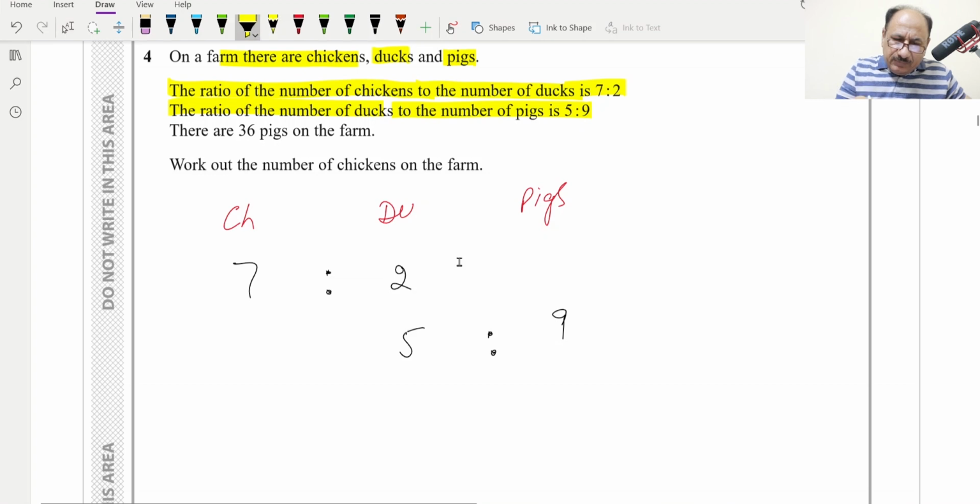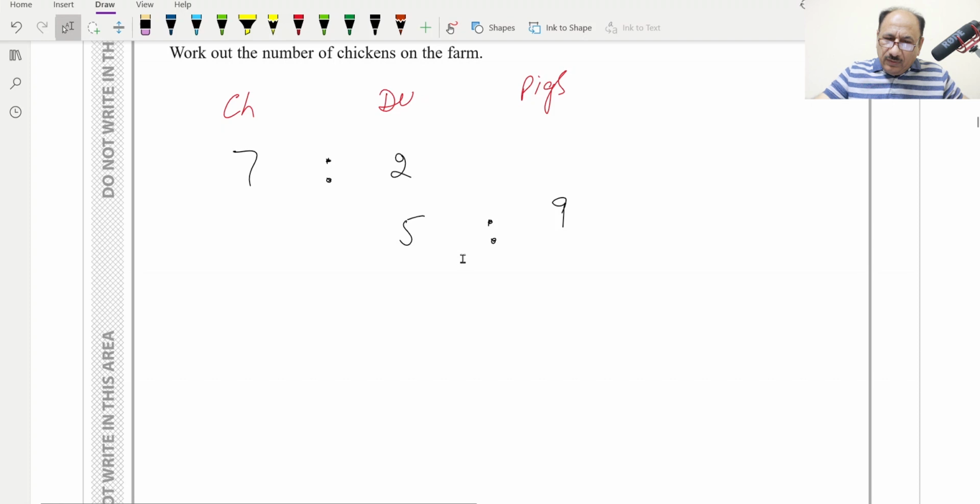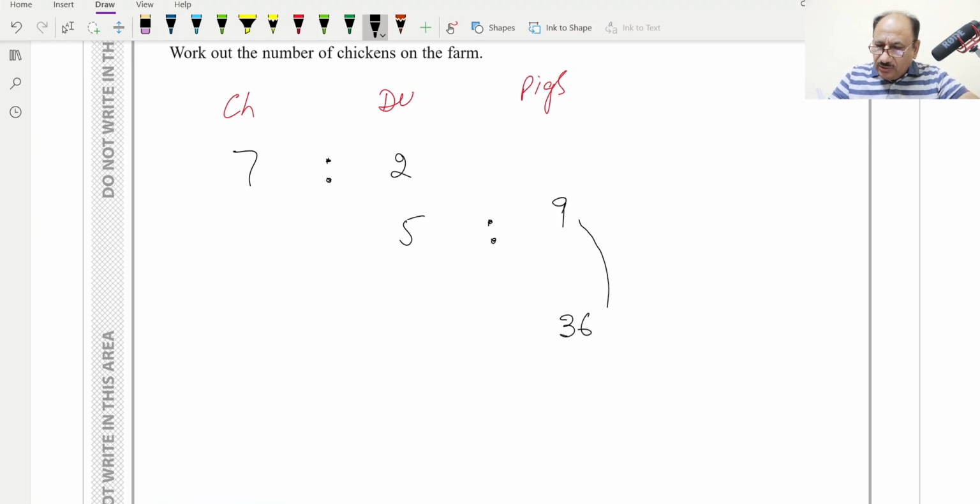Now there are 36 pigs on the farm. So these are 36. How can we convert this 9 into 36? We will have to multiply 9 by 4. So similarly, we will multiply this 5 also by 4, and this will be equal to 20.